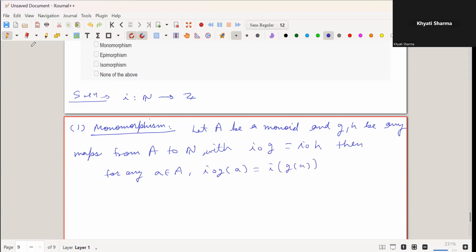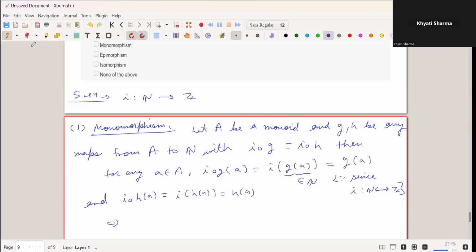So this is an inclusion. This belongs to N, right? And I is the inclusion map. So this is G of a, since I is from N to Z, the inclusion map, and that is the same as I compose H of a, which is H of a again.